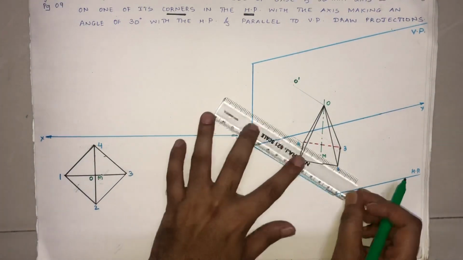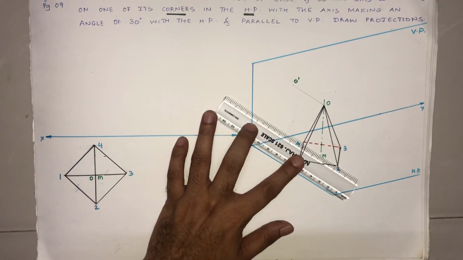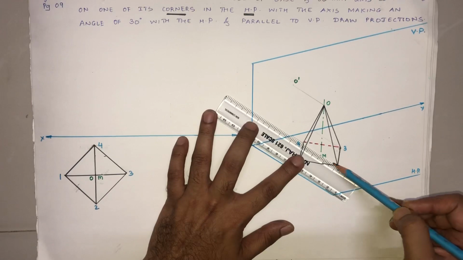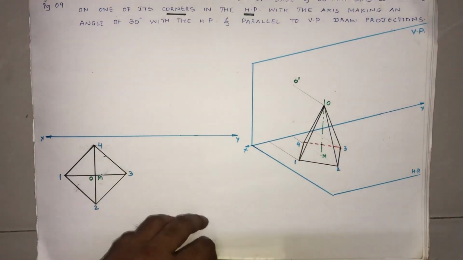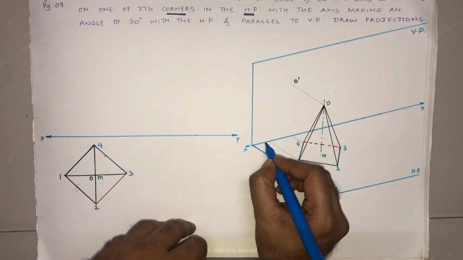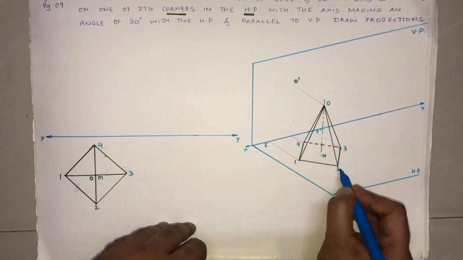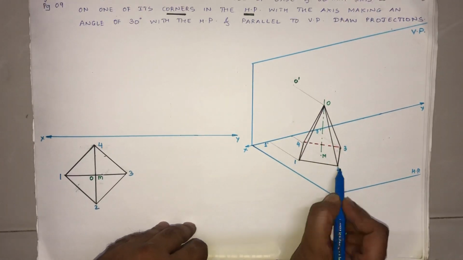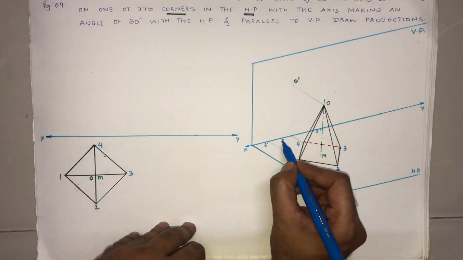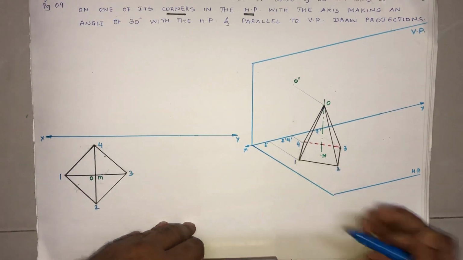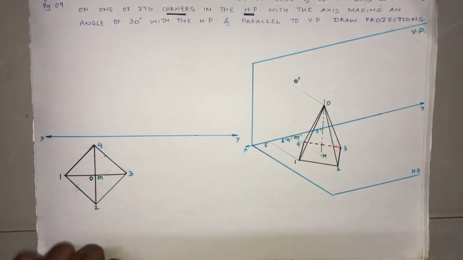Please remember this, all 3 points, all these 3, they're in one single line, okay? 1 becomes 1 dash here, 3 becomes 3 dash, and this particular point, okay, since I'm seeing this from the front, it will have 2 dash, 4 dash, and M dash as well.